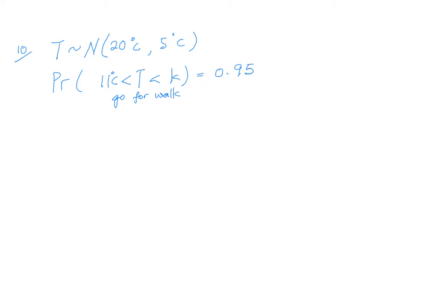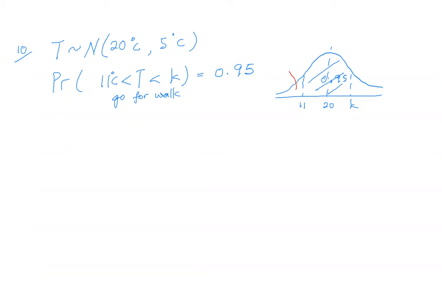Now if I draw the bell, this is the mean, 20, and this is 11. My K is somewhere here, and this area is 0.95. Can you get this area?